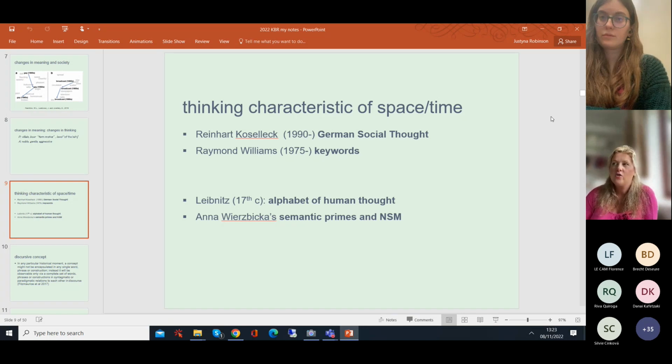Anna Wierzbicka took it further by trying to elicit the semantic primes, the minimal conceptual units that are common in as many languages as her and her team could investigate. What is the common conceptual core in human thought? And then once you have this core, perhaps you can just see what are the specific concepts that are associated with a given community, with a given time, with a given space.